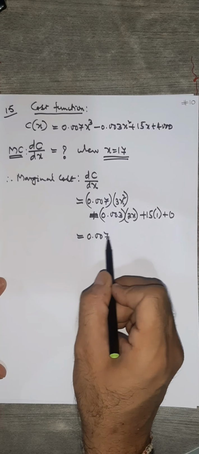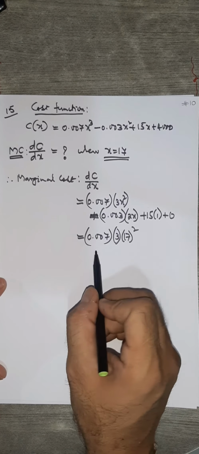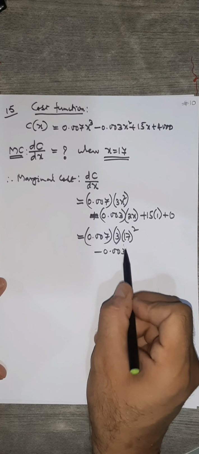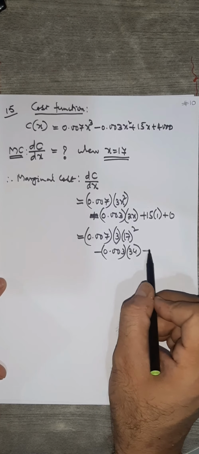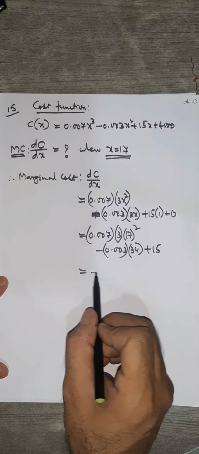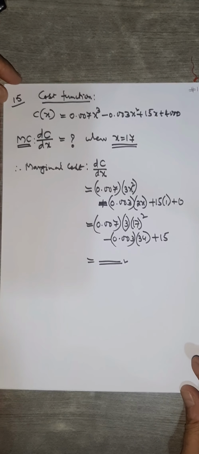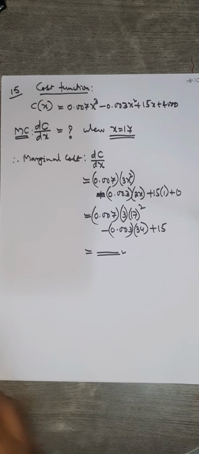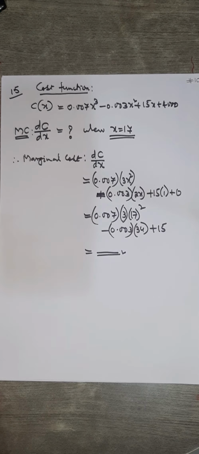So 0.007 into here 3 into 17 square minus 0.003 into here 34 plus 15, and simplify. This is your required marginal cost. I repeat, marginal cost means change in the cost with respect to the number of units. That much only.